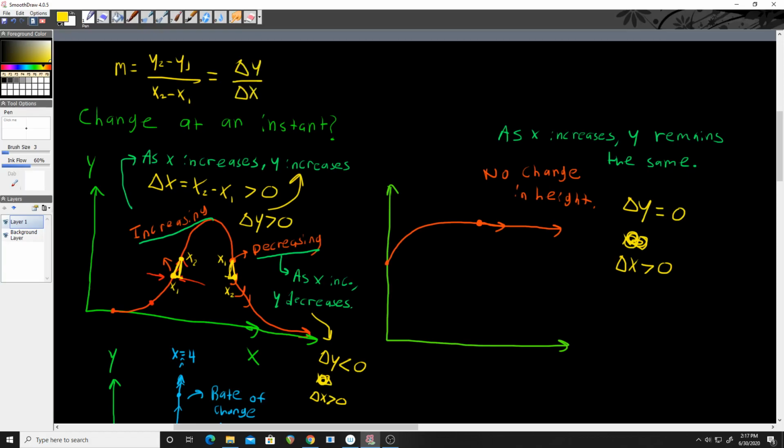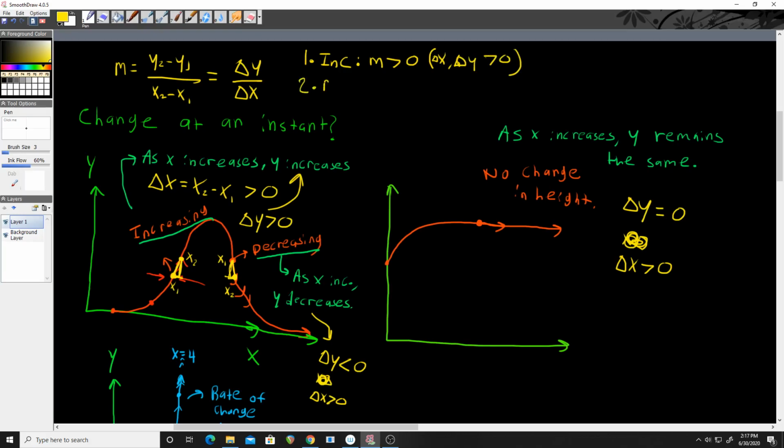In the case of an increasing function, the slope is going to be positive because both delta x and delta y are positive.